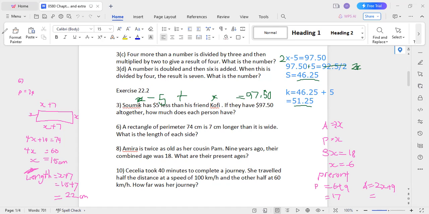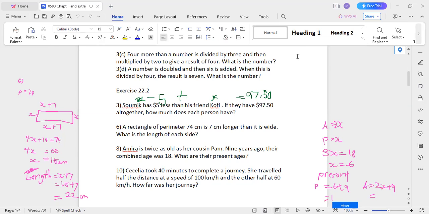Let me just quickly type it out again. It depends on how you set it. You can solve it in both ways, but your x values will be different. So if you set Sumik as x, then coffee will be x plus 5, equal to 97.50.